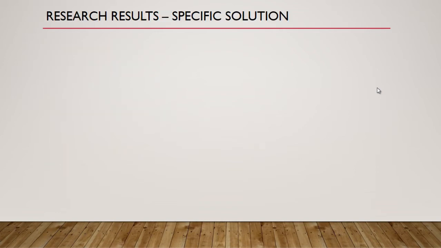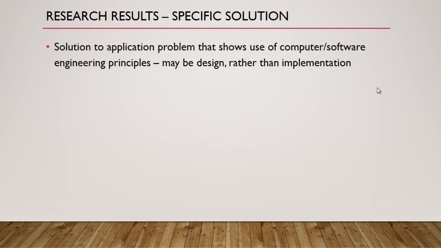Now let us go one by one. I'll give you some brief examples. The first one is specific solution: a solution to an application problem that shows use of computer or software engineering principles. So maybe the design rather than the implementation.